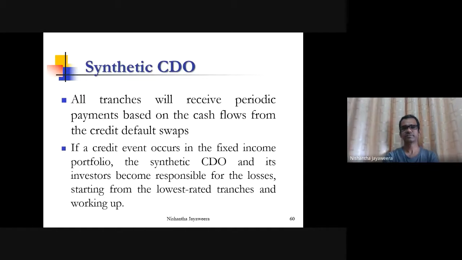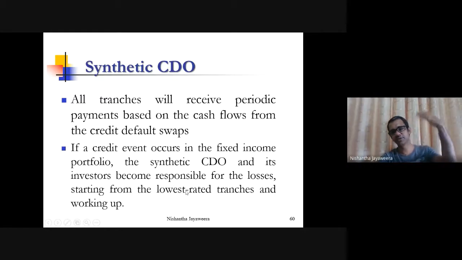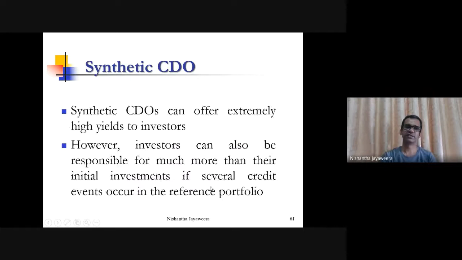So that risk is there. The loss, as mentioned, is first absorbed by the lowest rated, the equity tranche, and gradually moves up the ladder.